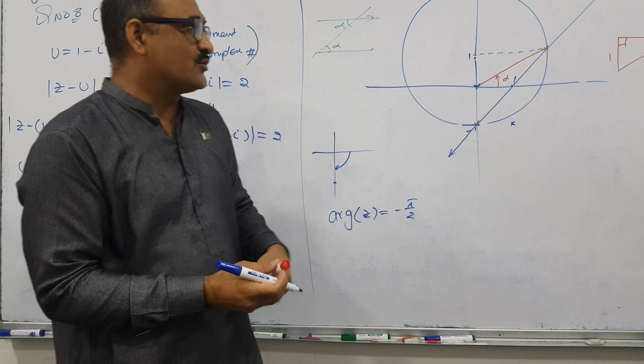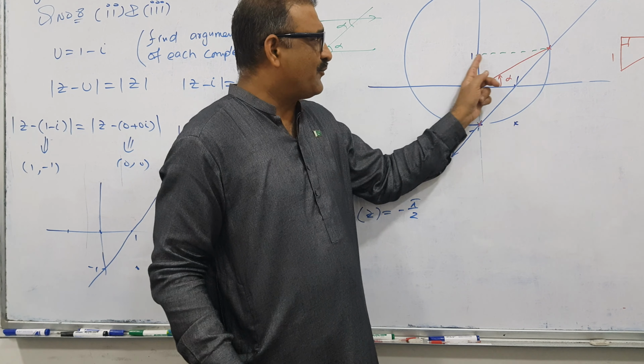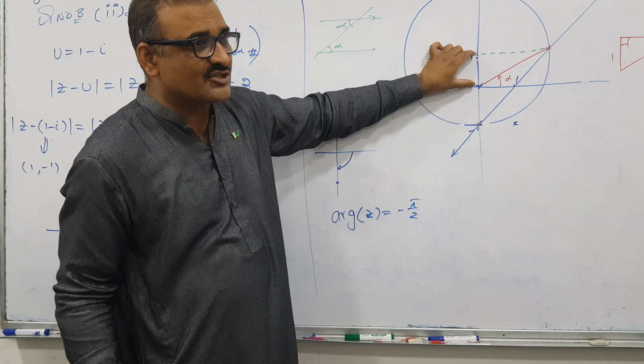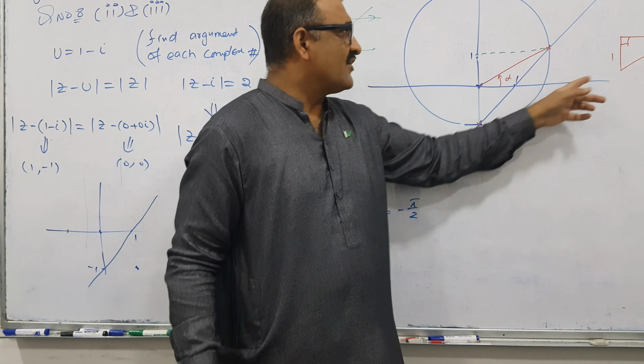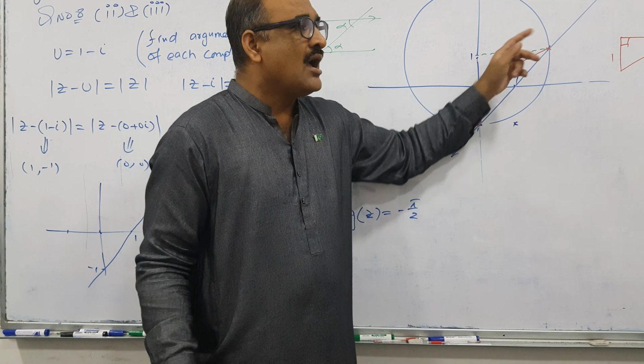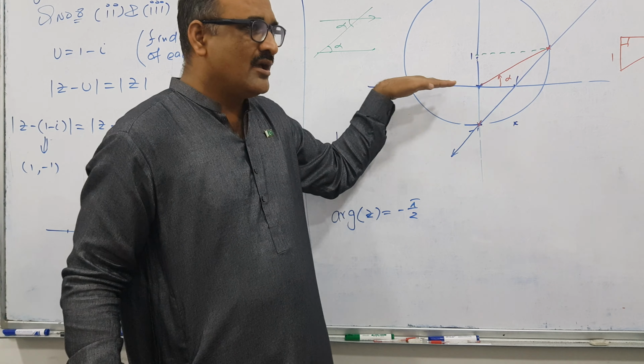This is a little hard to understand, so I explain again. The gap from here to here is 2, and this gap is 1. So these two angles are equal to each other, because I'm plotting my line parallel to the x-axis.